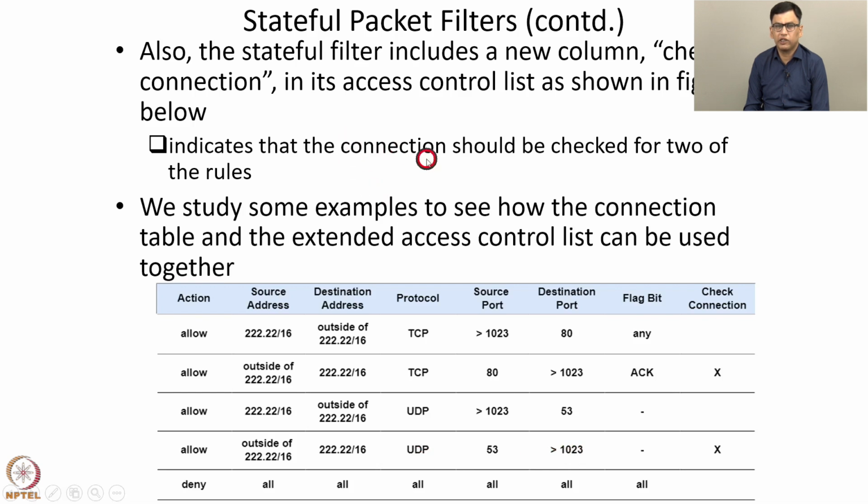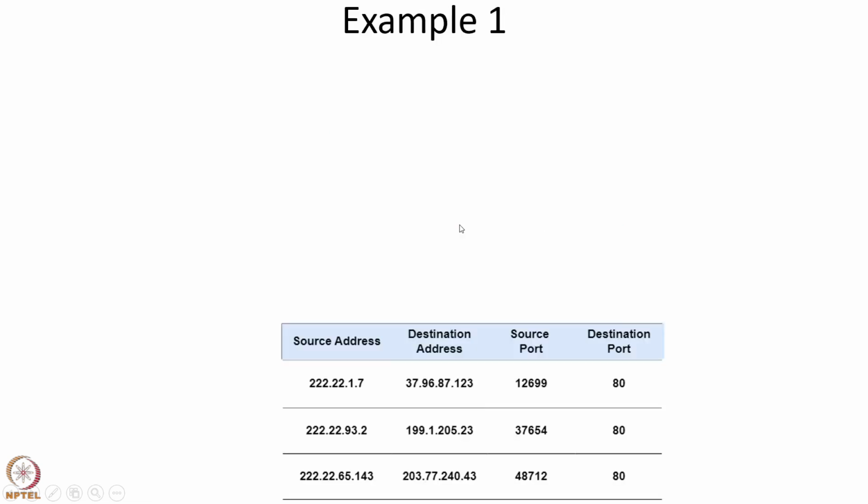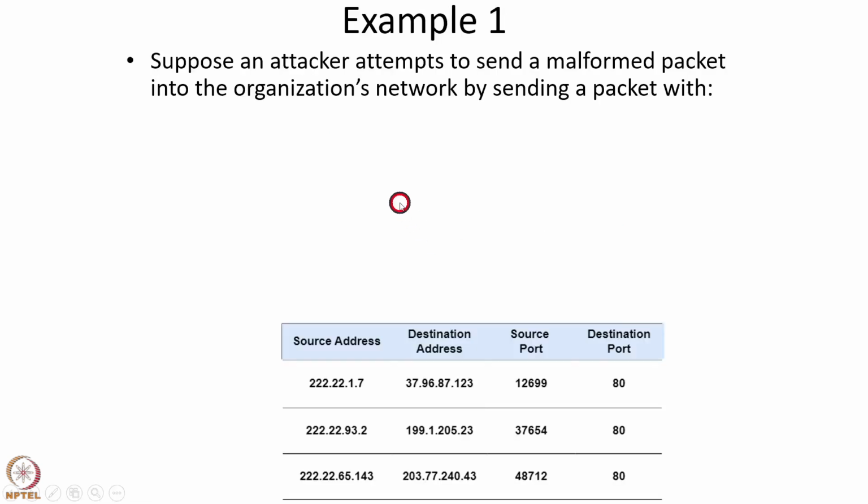We now study some examples to see how the connection table and the extended access control list can be used together. Here is the first example. Suppose an attacker attempts to send a malformed packet into the organization's network by sending a packet with TCP source port 80 and with the ACK bit set.